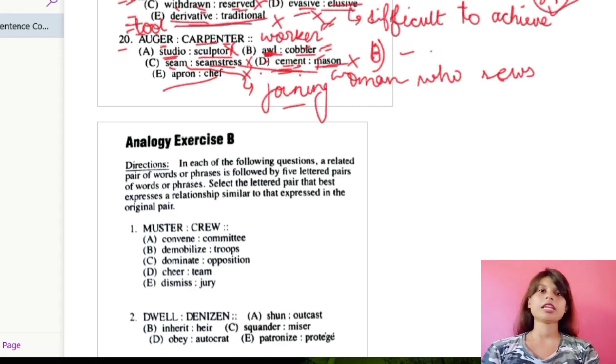So we can say that this also won't go, because apron is not a tool. It's just a thing that the cook is wearing. It's not a tool that the chef is using in his day-to-day work. So the best option that we can consider is option B, which I have already told.